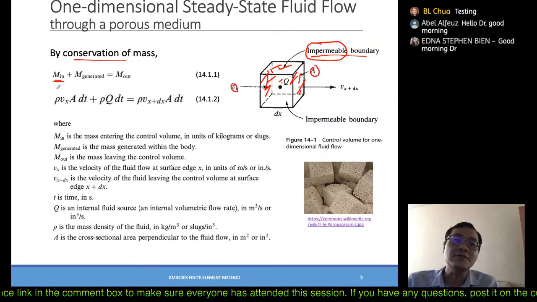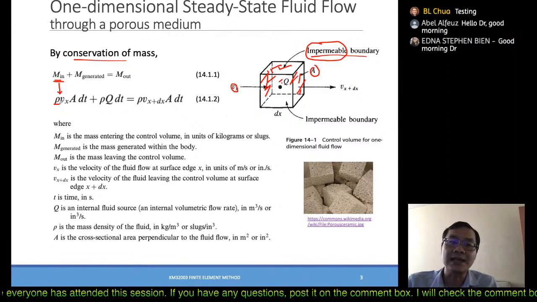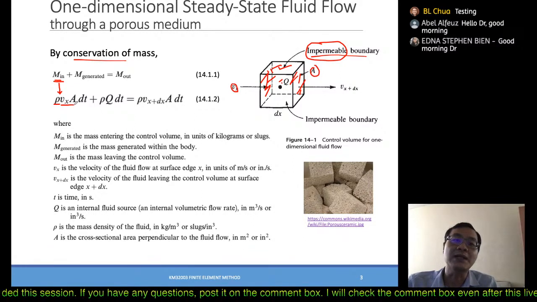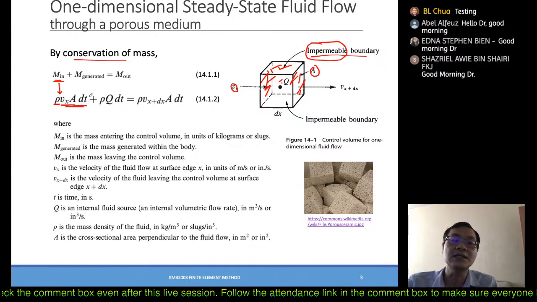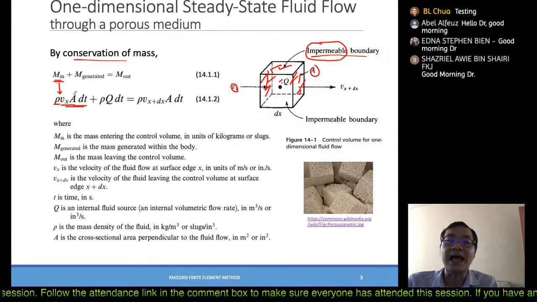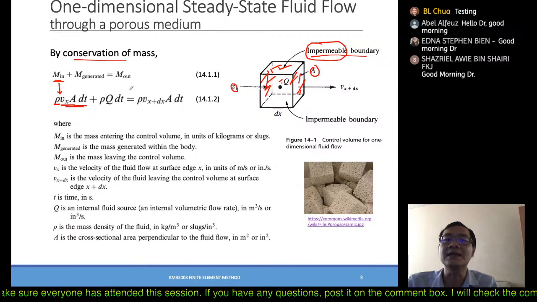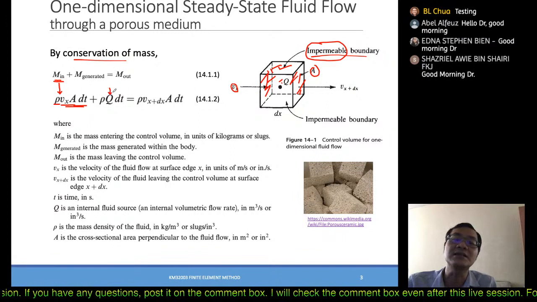By mass itself, we can always get it by writing the density multiplied by the volume. The volume rate is the velocity multiplied by the area multiplied by the time. So we get a volume of fluid going in, plus whatever is generated. This Q is the generated one.